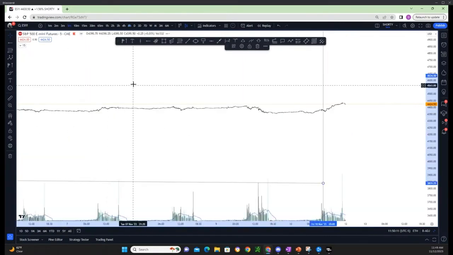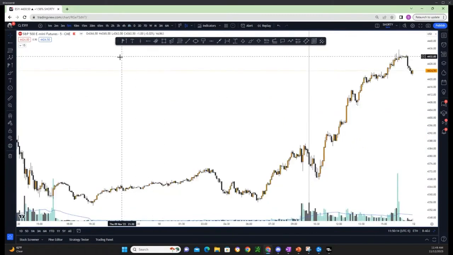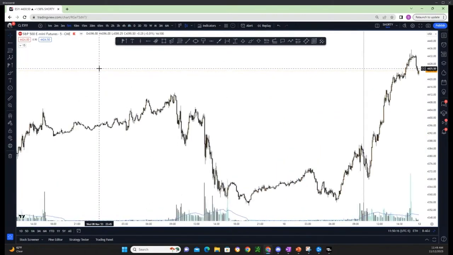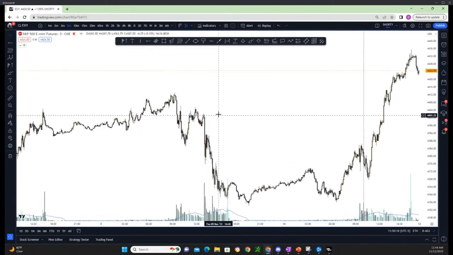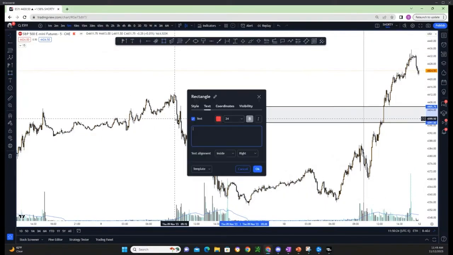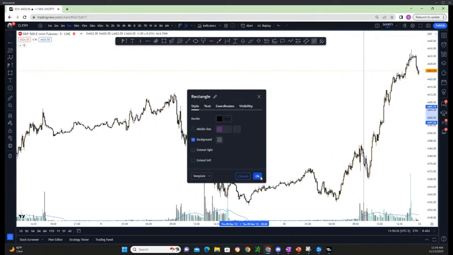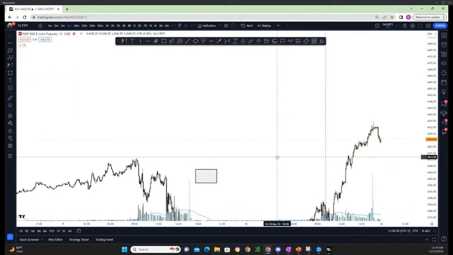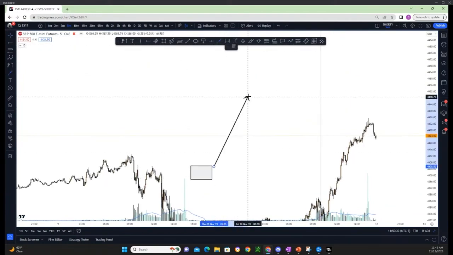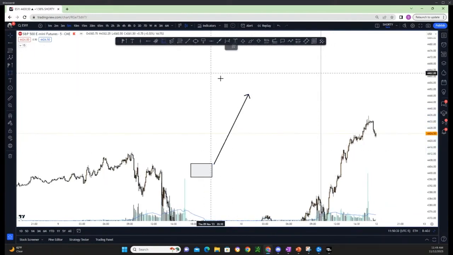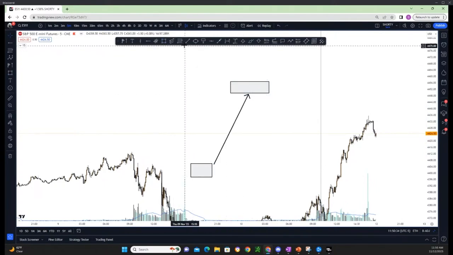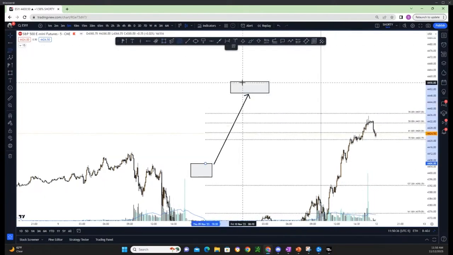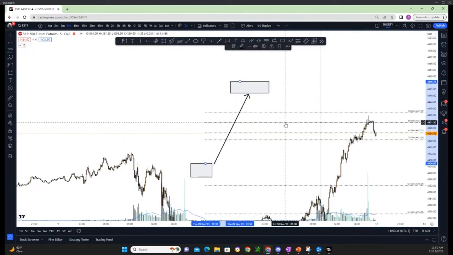Any questions on Fibs? Like when to use them, when to draw them. You're looking for explosive moves, right? If you're balancing like this, you want to know for a trend, if it goes to here, I'm going to draw the Fibs from the bottom to the top, and I'd look for 38.2 on a trending move, right?